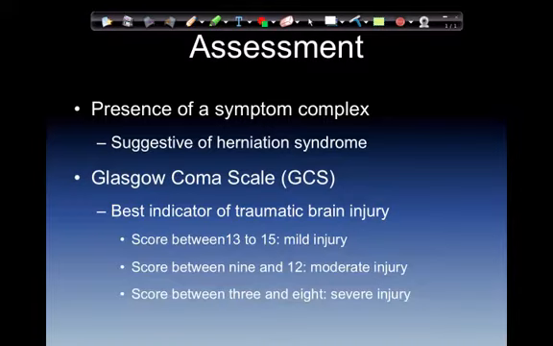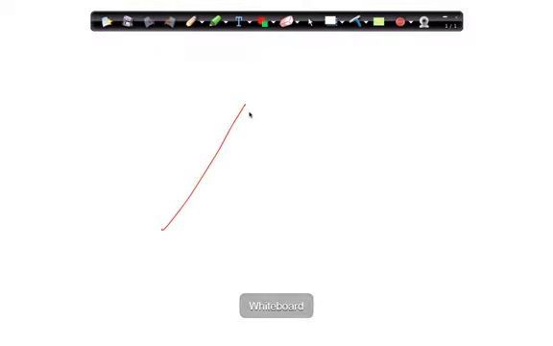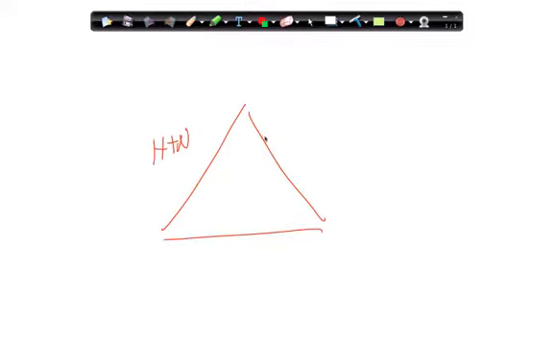Assessment. The presence of symptom complex including Cushing's triad. Now, Cushing's triad is three things, which is hypertension, bradycardia, and altered respiratory pattern.